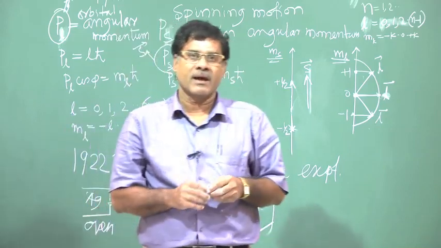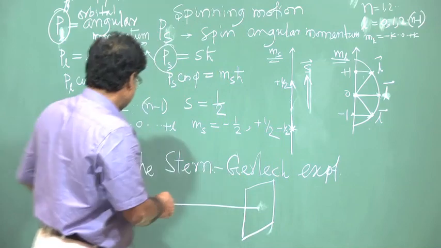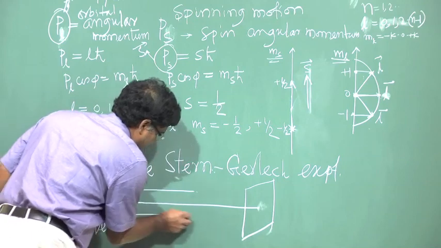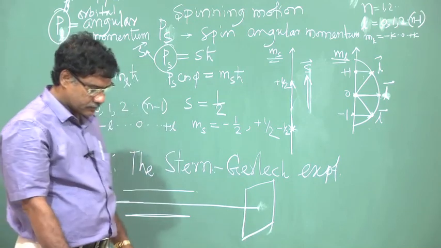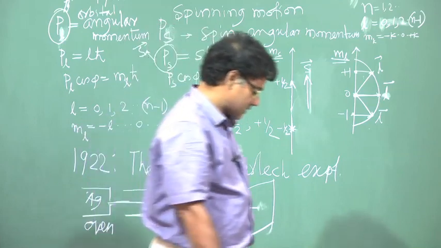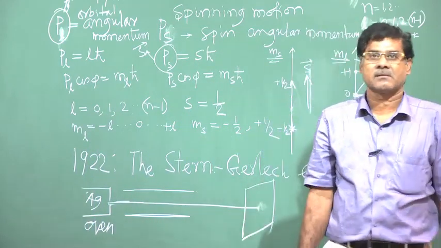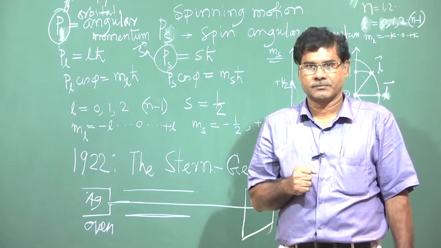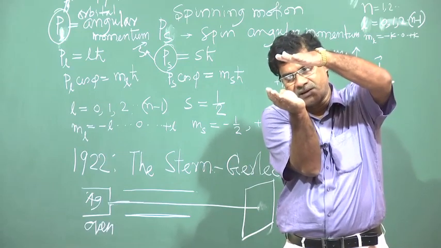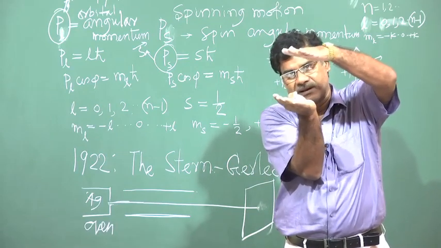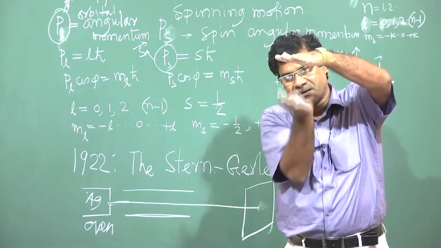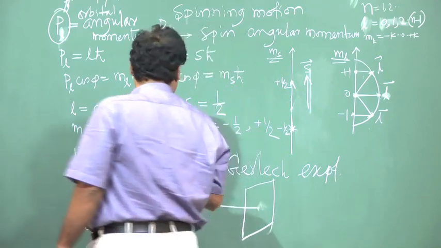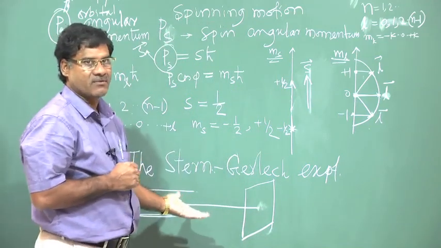Now, they applied a magnetic field here, but that field was not a uniform field, meaning the beam is going through a field that is not uniform. It was an inhomogeneous magnetic field, not a uniform or homogeneous magnetic field.